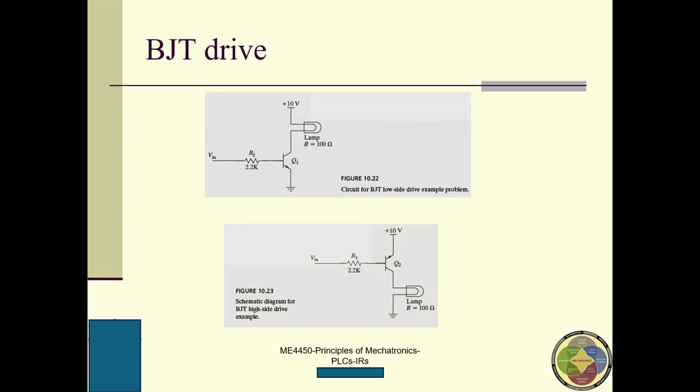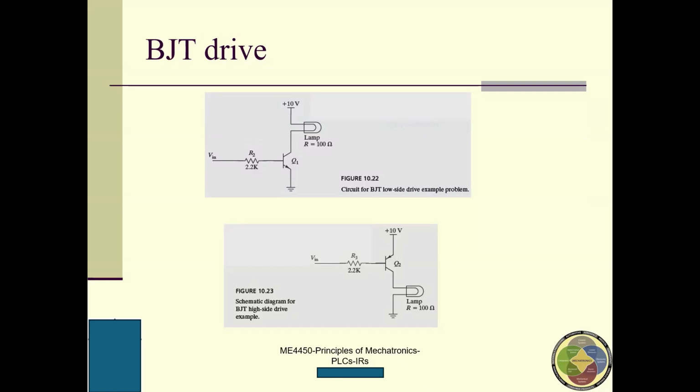And here, this is PNP. I compare the voltage value of these two terminals. How does this guy work? If this guy is a fixed 10 volts, and if this VIN is very high, that means the difference between these two guys is very small.